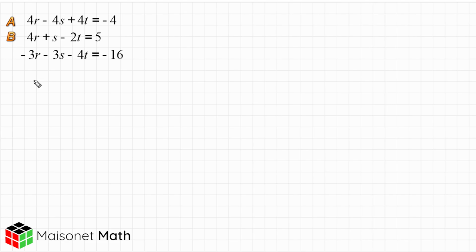I'm going to write 4r minus 4s plus 4t is equal to -4. And right below it, I'm going to write this equation, which is 4r plus s minus 2t is equal to 5.